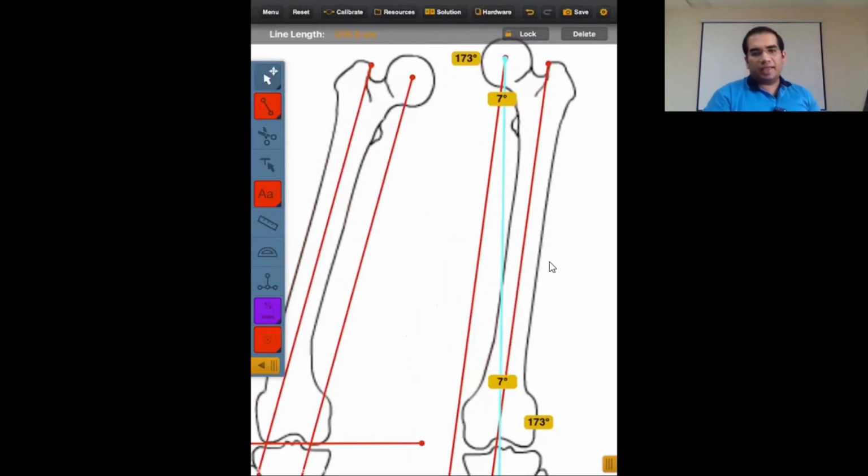And by using this method, I can also calculate the mechanical axis of the proximal femur. Okay, this is a very useful way of drawing the mechanical axis of the proximal femur, because in most cases of deformity, the normal neck shaft angle is disturbed.